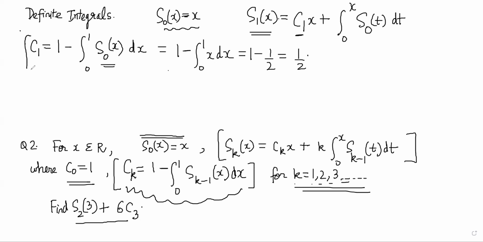Is everyone understanding how we got C1 is half? Yes, sir. So it is pretty simple. Just use this relation to find C1. Now that we know C1 is half, we can put that here. So S1 of x is equal to x by 2, because I have put C1 is half, plus integral 0 to x S0 of t, which is same as t, right?